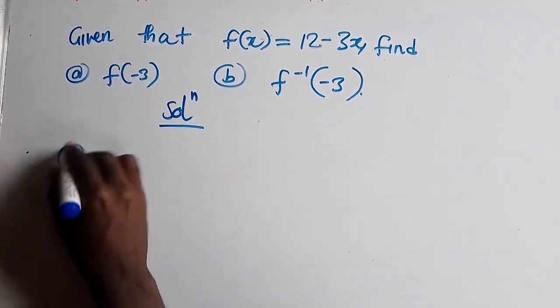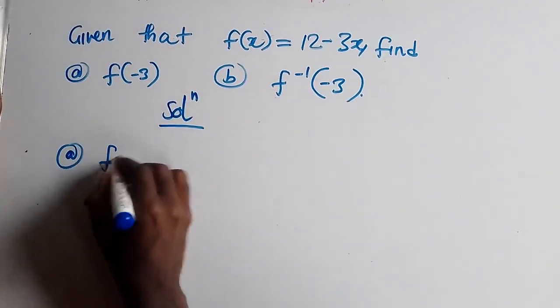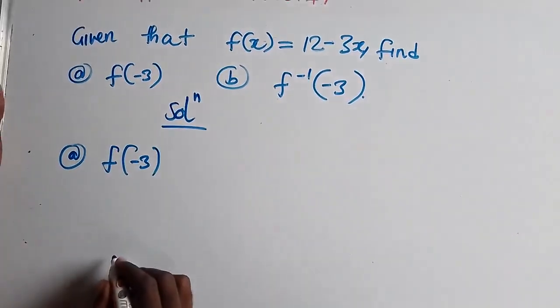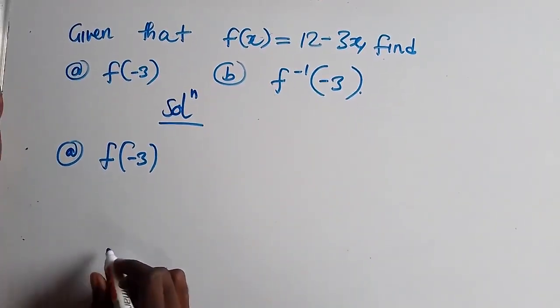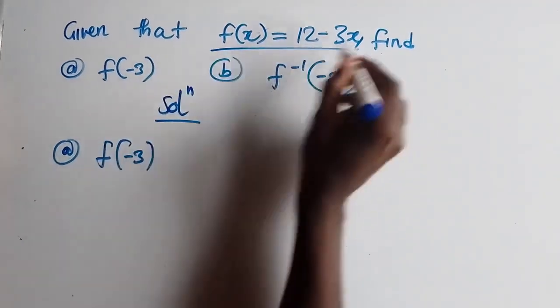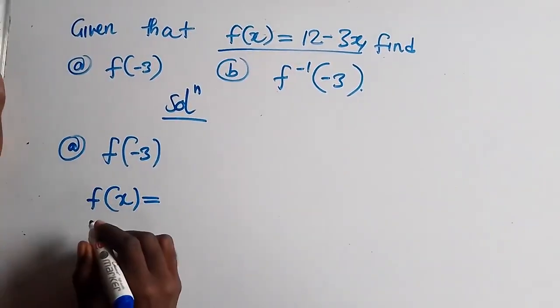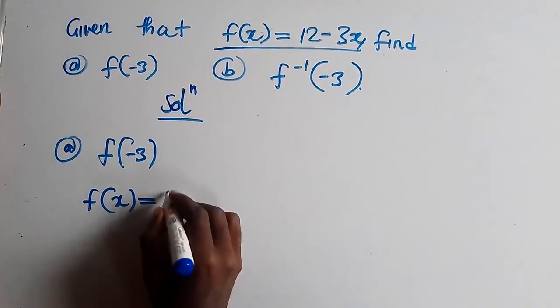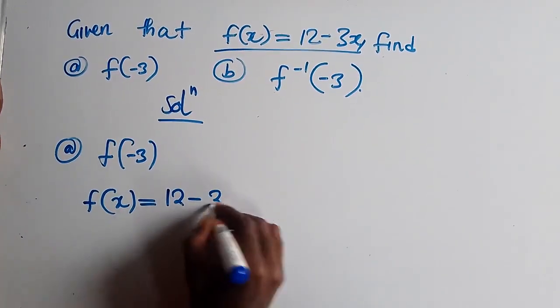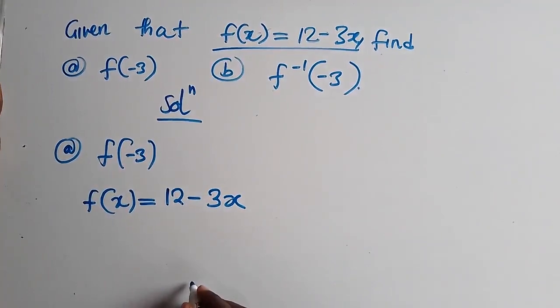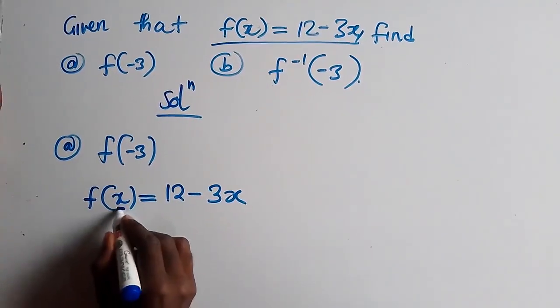So I've got A. F of negative 3. Which means that I'll get this same function. F of x is equal to 12 minus 3x. So where there is x here, I put negative 3.